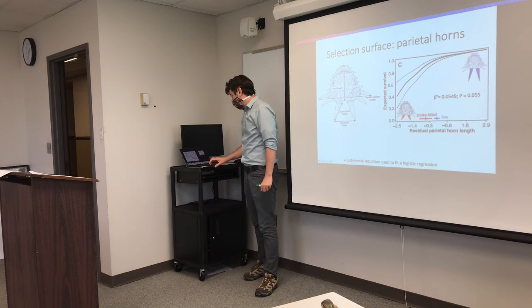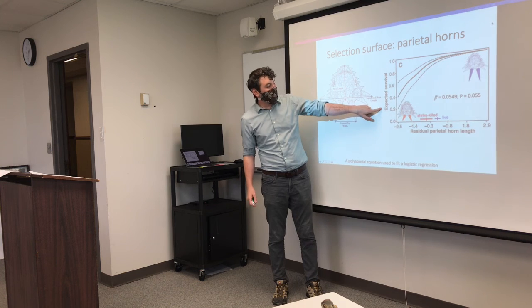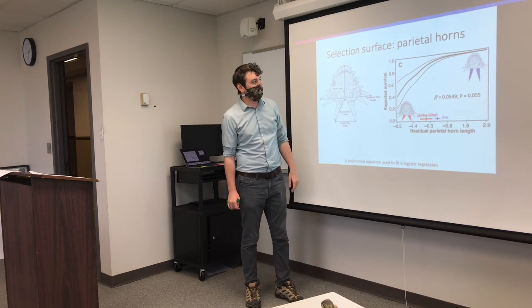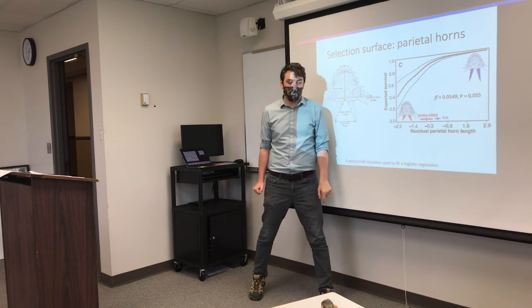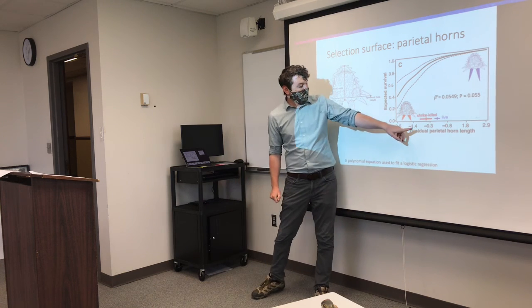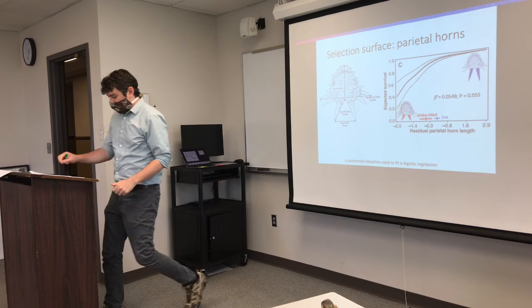This is what you actually saw. So they're calculating some expected survival based on the distribution of horn lengths in these two groups, the ones that were shrike killed and the ones that were alive. Does anyone know what residual horn length means?